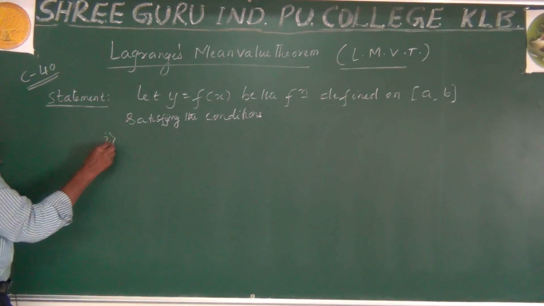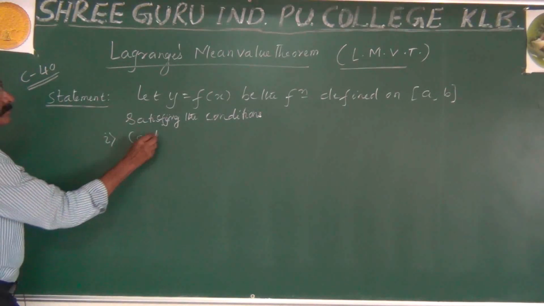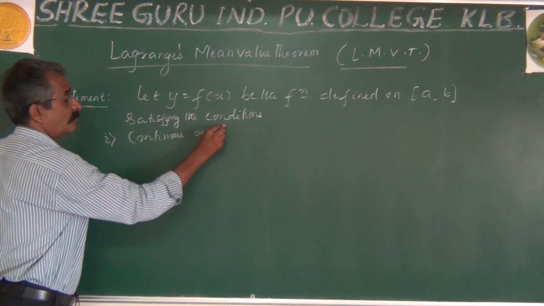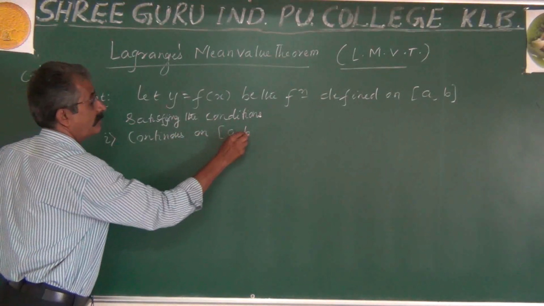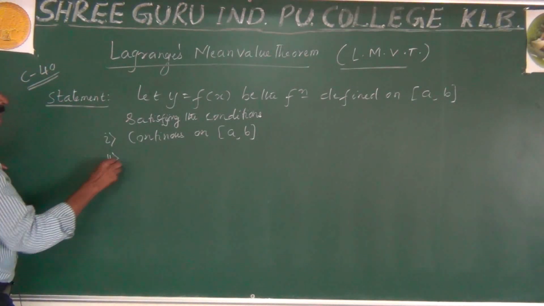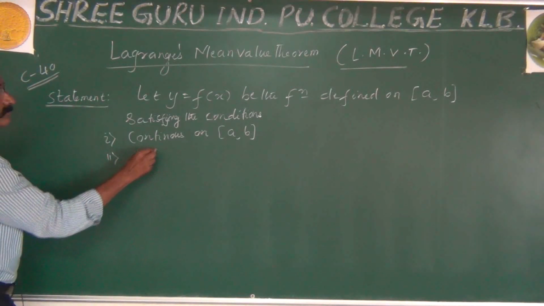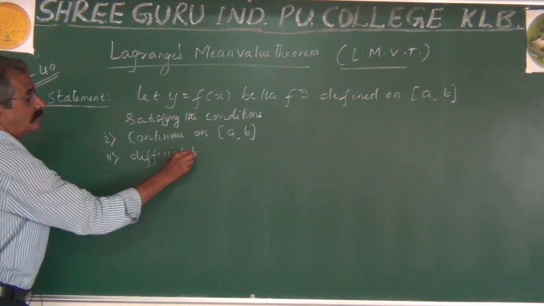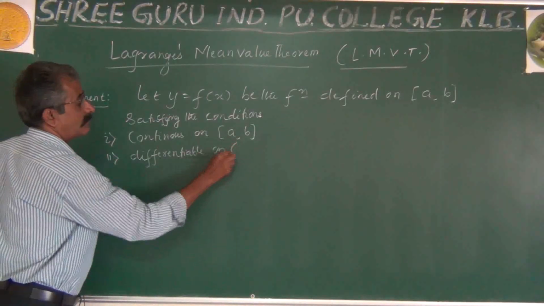First one, continuous, means the function is continuous on the closed interval a, b. Second, differentiable on the open interval a, b.